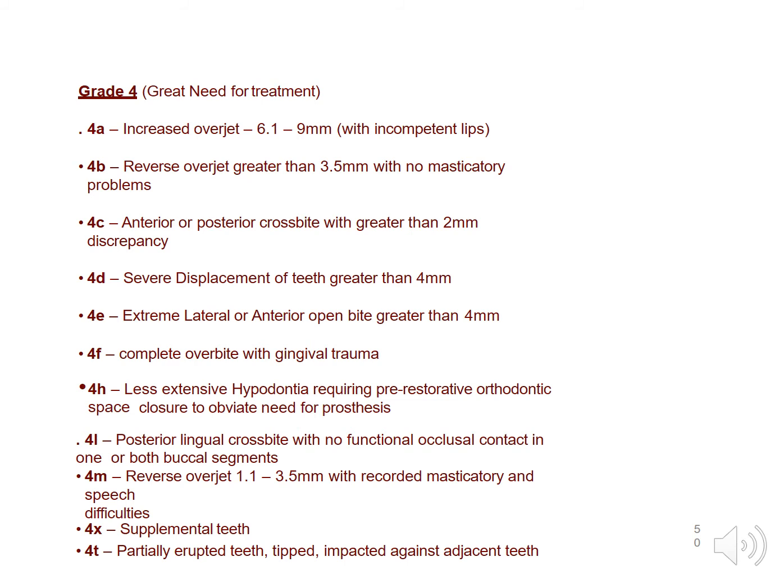For grade 4, there are some new letters: L for lingual crossbite, H for hypodontia, M for reverse overjet with masticatory problem, T for partially erupted teeth, tip or impacted against adjacent teeth, and X for supplemental teeth.